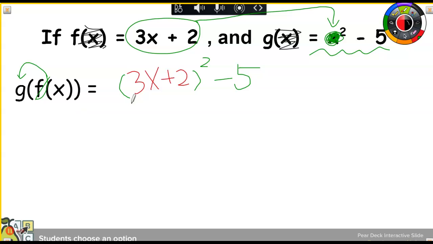Okay. So you have this new equation, and again in your question you don't have a number here, so you don't need to evaluate it. You just need to get rid of the parentheses and simplify your answer. But this time you see what? You see you have a square outside of the parentheses. So first get rid of the square by doubling the parentheses.